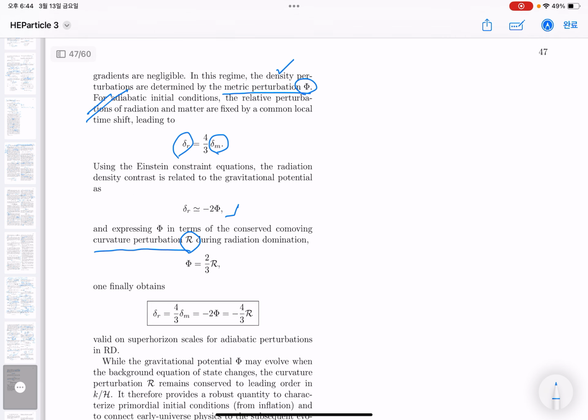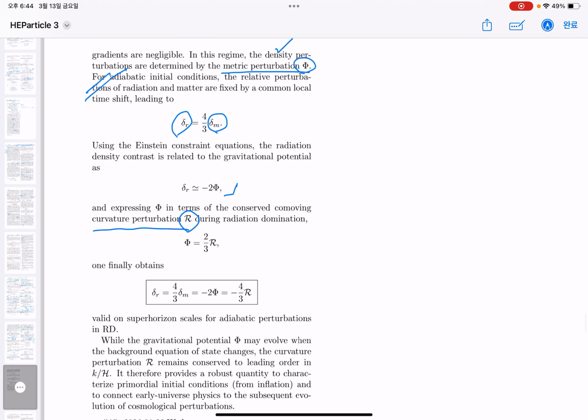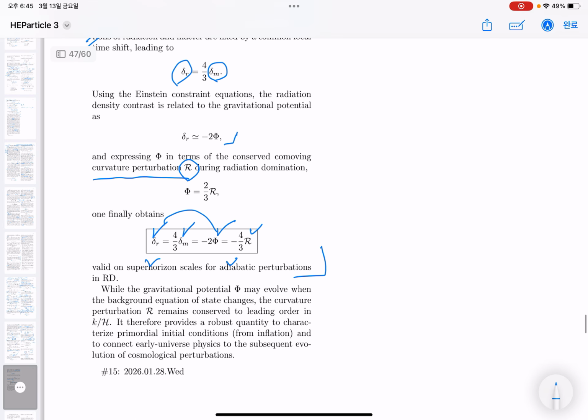So we can obtain the final result, the relation between the radiation perturbation and the matter perturbation, related to the metric perturbation and the scalar perturbation for the superhorizon and the adiabatic perturbation during the RD. So if we determine the evolution of the gravitational potential capital Pi, then we can study all the evolution of the radiation and the matter perturbation, a very simple process.